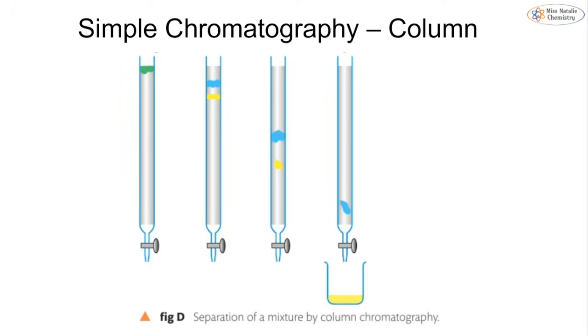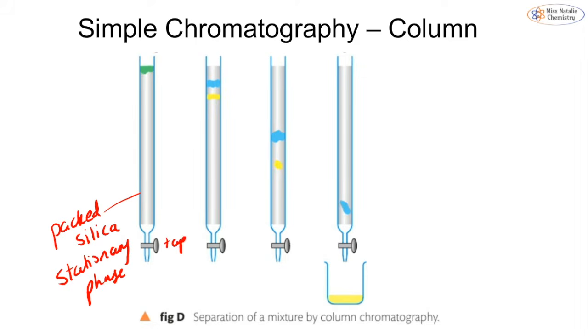So we would get something that looks a little bit like this. This is our packed silica, which is our stationary phase. And you can see that we have the tap here as well. And we add in our mixture plus some solvent, and the solvent is our mobile phase.